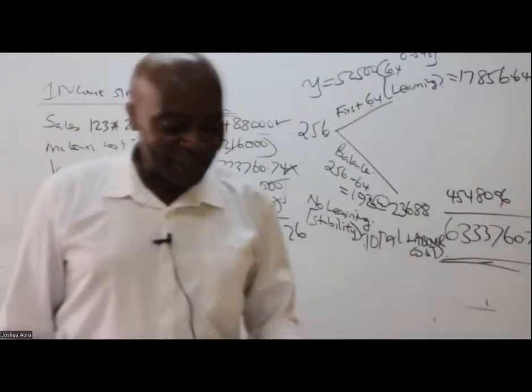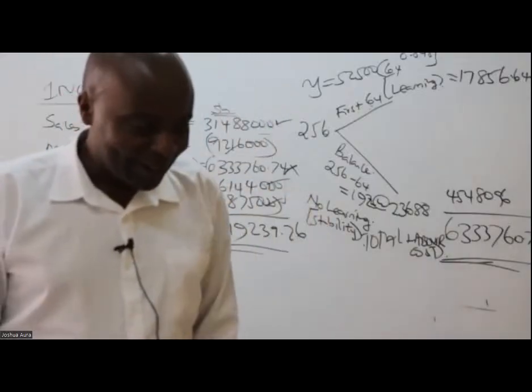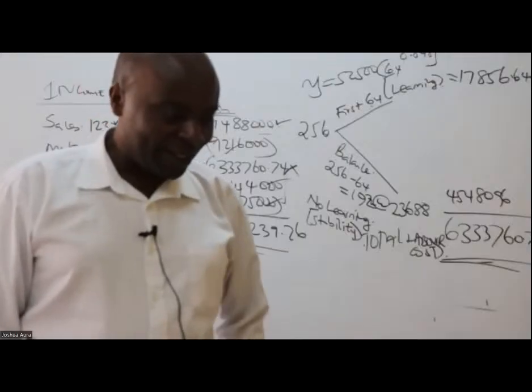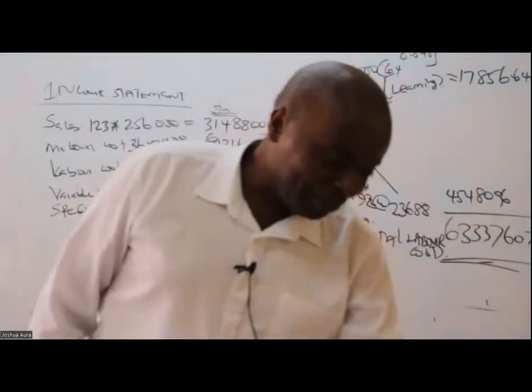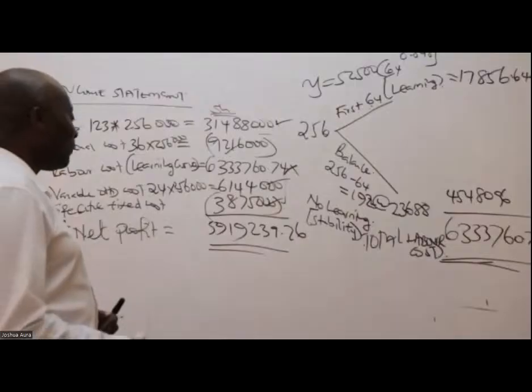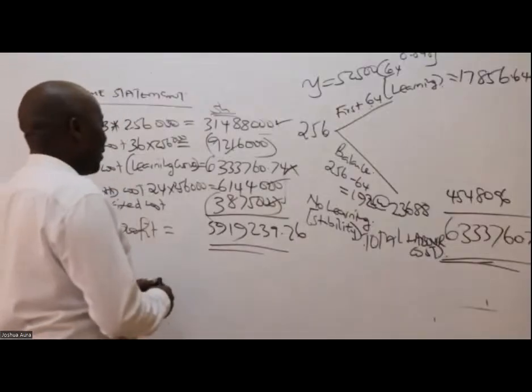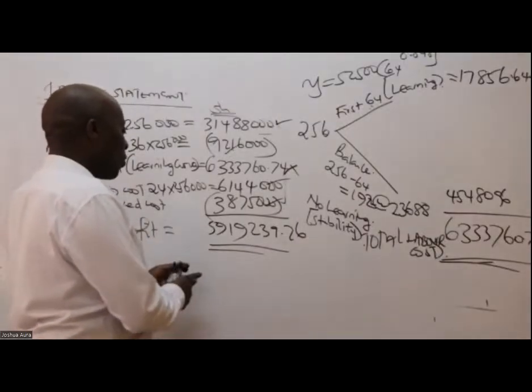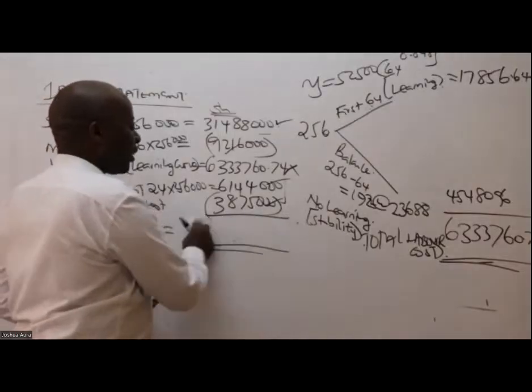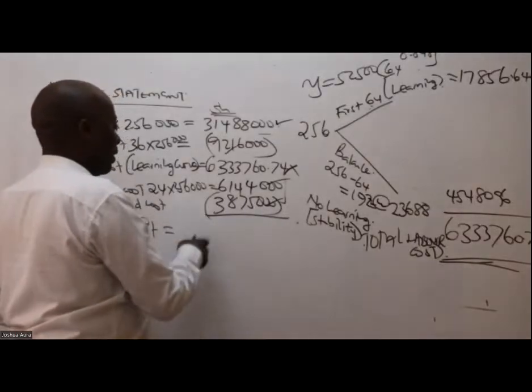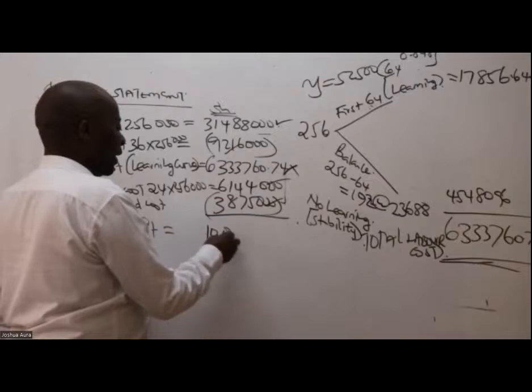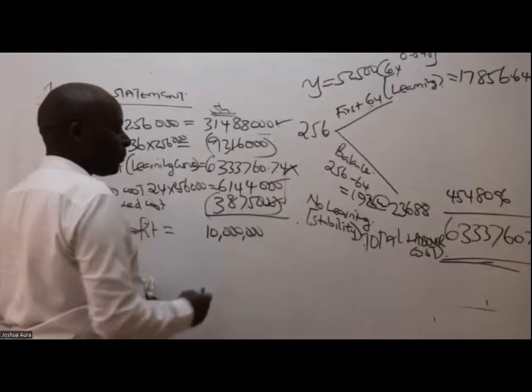Okay, let me tell you what is going to happen then. Let me be the one speaking now. You see, this time around, they want our profit to be 10 million Kenyan shillings.